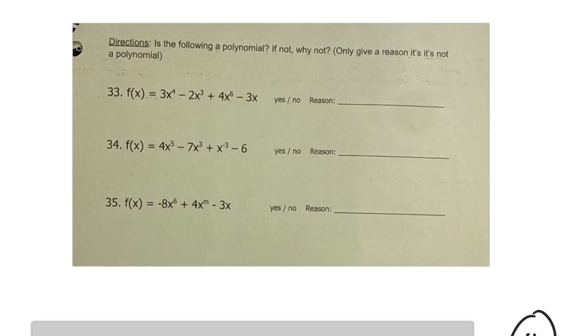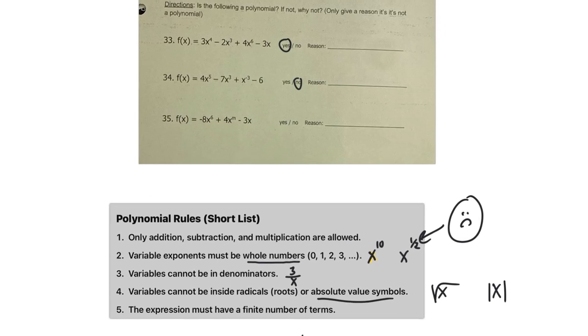Are there any violations of those rules here? No. All of the exponents are whole numbers. There's no variables in the denominator. So is this a polynomial? Yes. We have a negative exponent here. So this is not a polynomial. So what could you say?